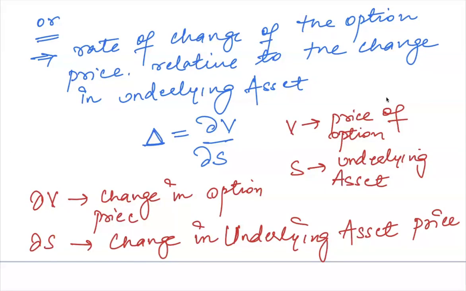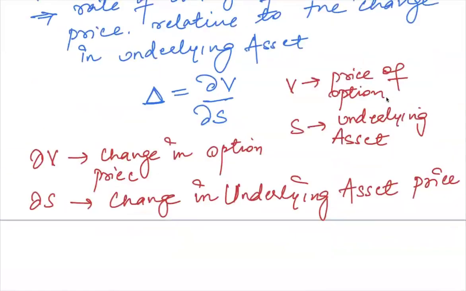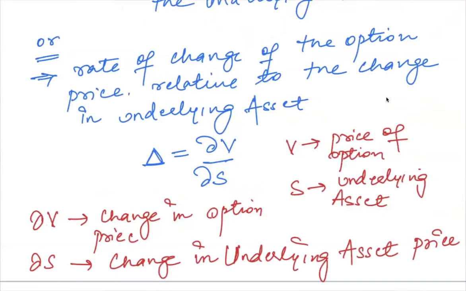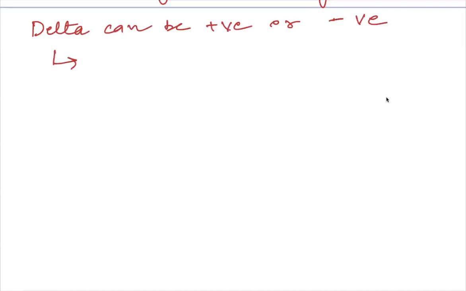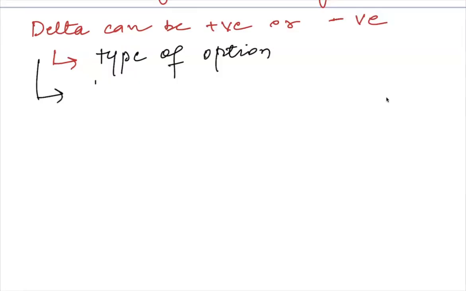Okay, thank you. So this is what delta basically means: how much your option price is changing with respect to the change in underlying. Now, delta can be either positive or negative, depending on the type of option and the position of the option.